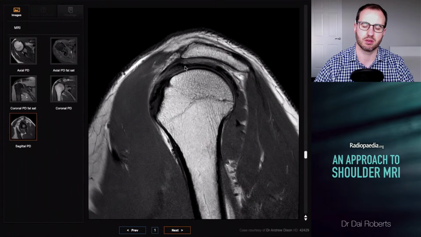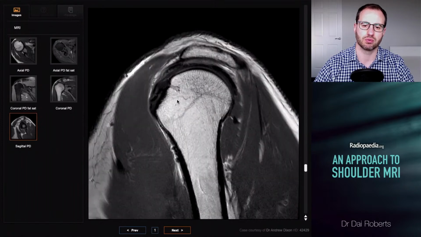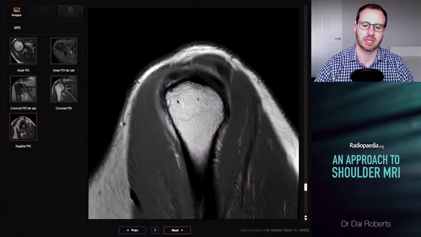Again, this is where the cuff forms, and as we scroll forward, here's a little fluid-filled cleft just by here, and it doesn't look like it's a full thickness tear. You've still got some tendon over the top.